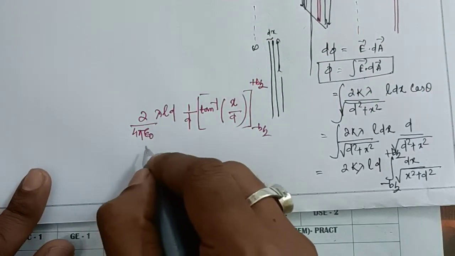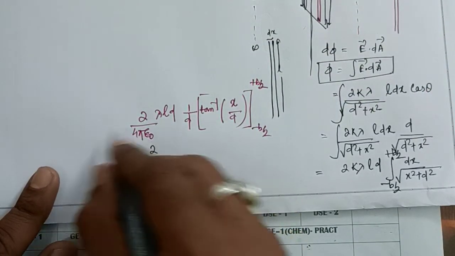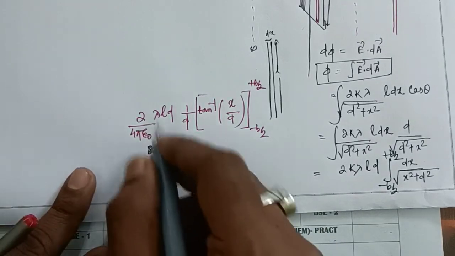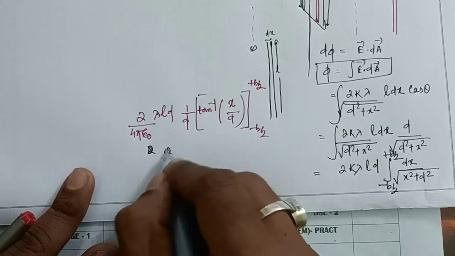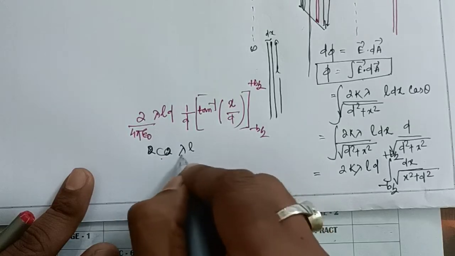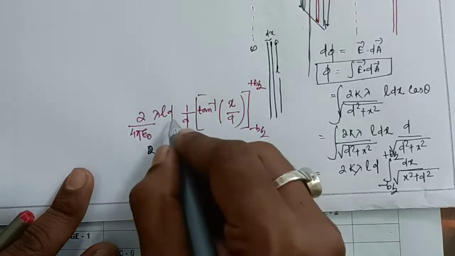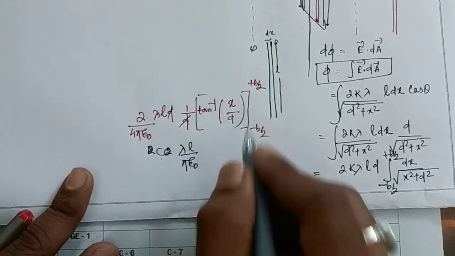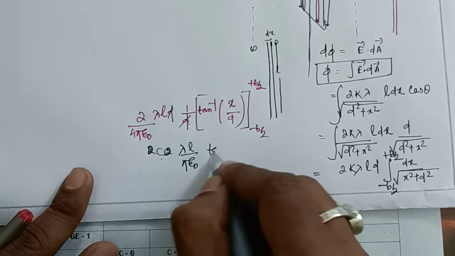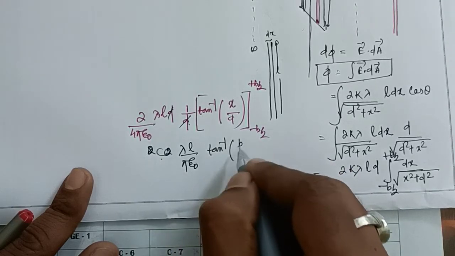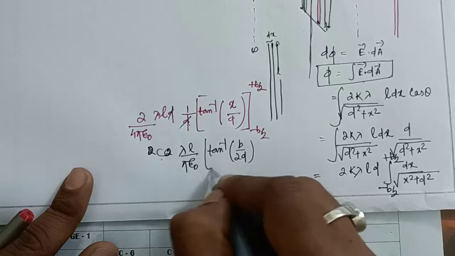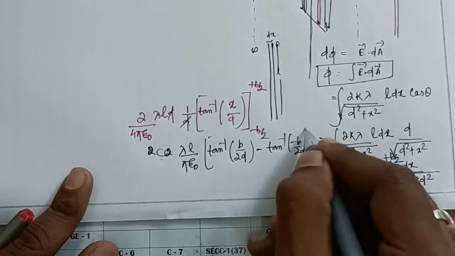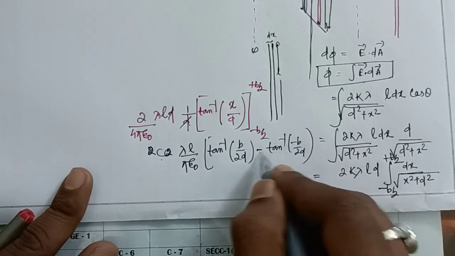This 2 has cancelled, and in a similar fashion we move on. So 2 lambda L upon pi epsilon naught, this d and d have cancelled, and this is tan inverse x by d. So tan inverse x is b by 2d, and minus of tan inverse of minus b by 2d, that minus is nothing but plus.